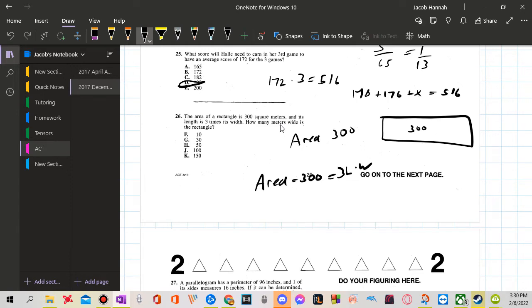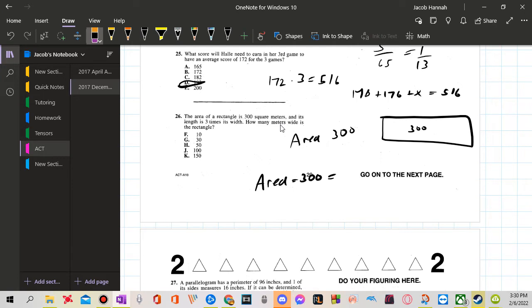So the length is 3 times width. It's 10.